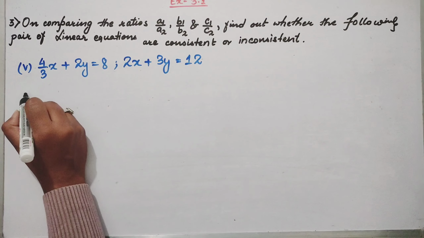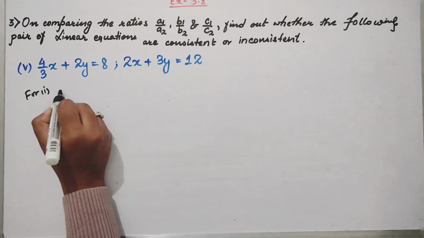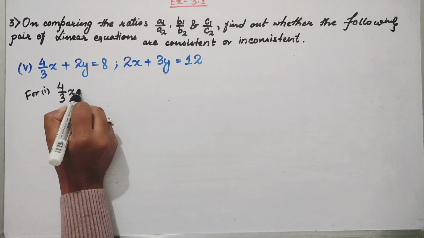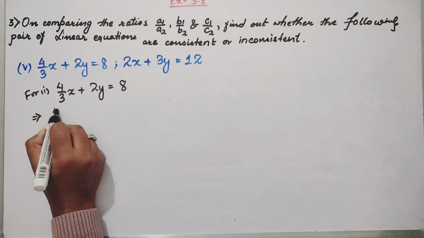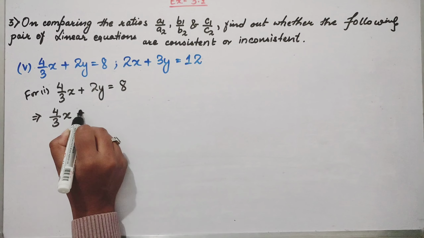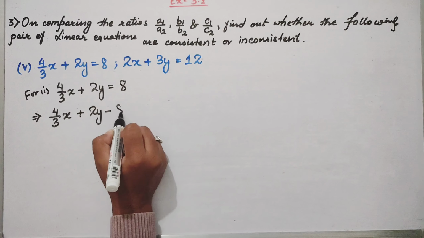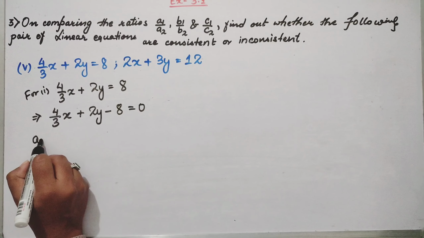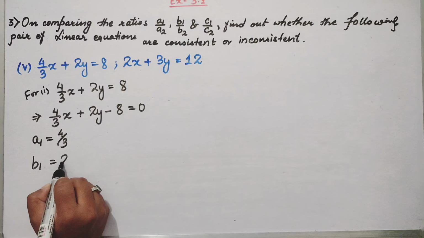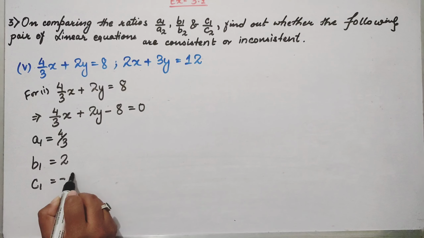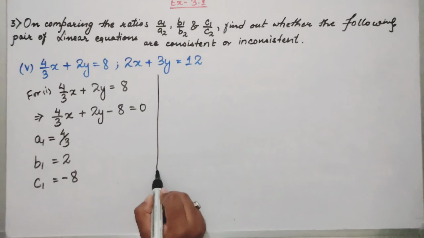Moving to the next question. Here, for equation 1, 4 by 3x plus 2y equals 8. Let us rearrange. Plus 2y minus 8 equals 0. Here a1 equals 4 by 3, b1 equals 2, and c1 equals minus 8.